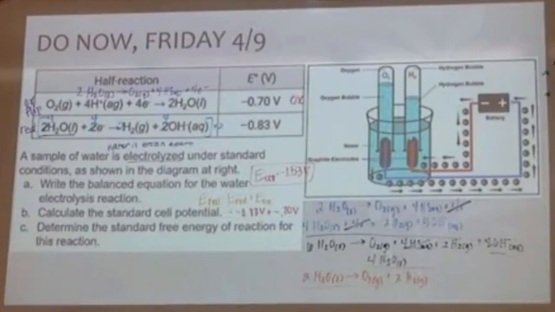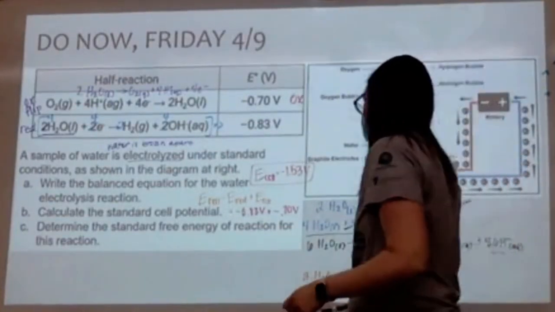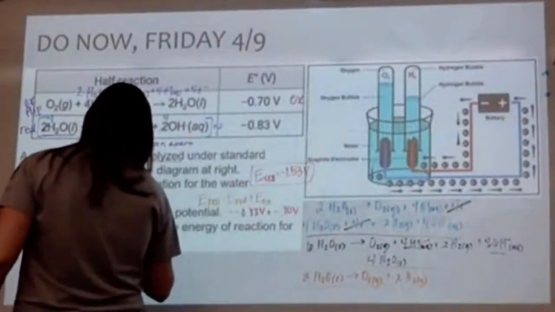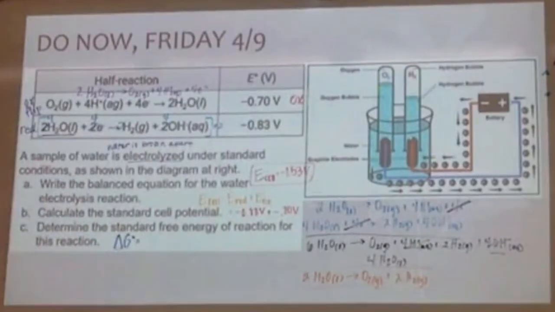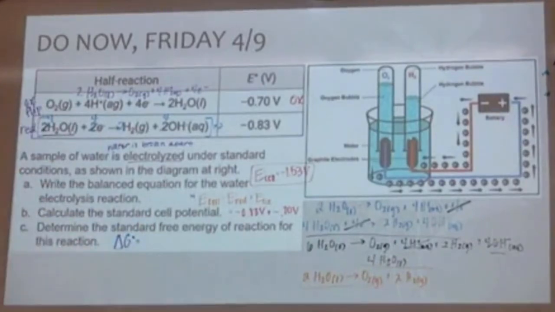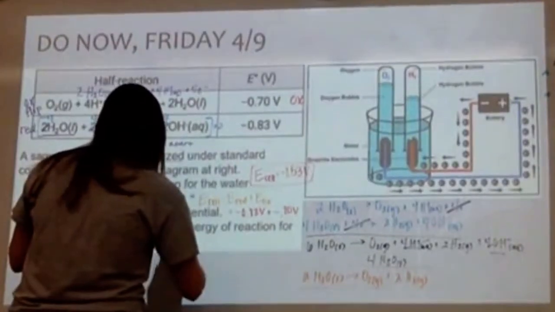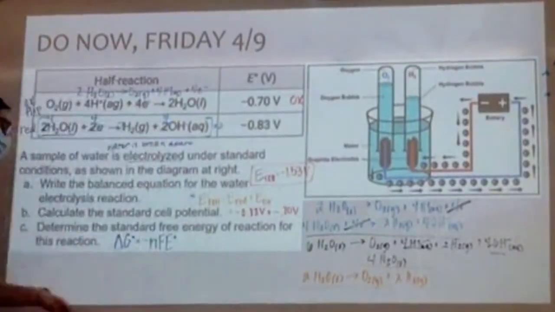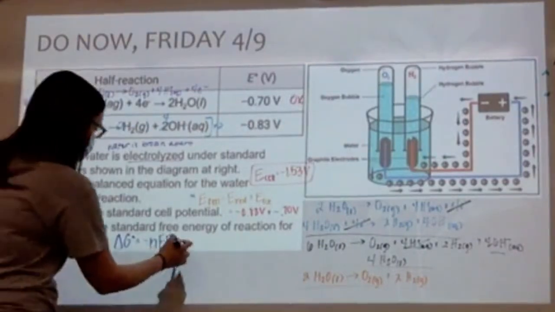And then part C, determine the standard free energy of reaction for this reaction. Free energy is delta G. Remember, you have the equations on your equation sheet. This E cell you don't have on your equation sheet, but delta G you do. To calculate delta G, if you have voltage, it's negative n times F times E naught. n is the number of moles of electrons that were transferred.